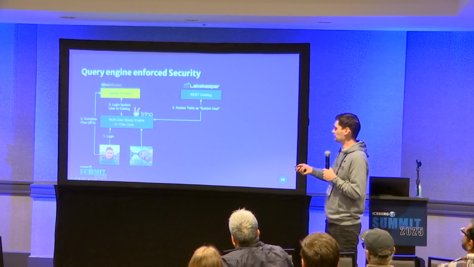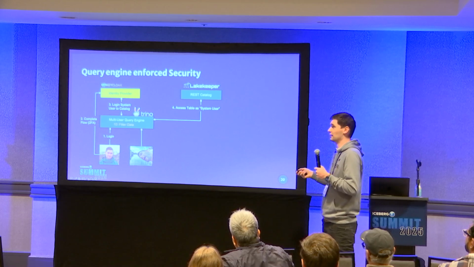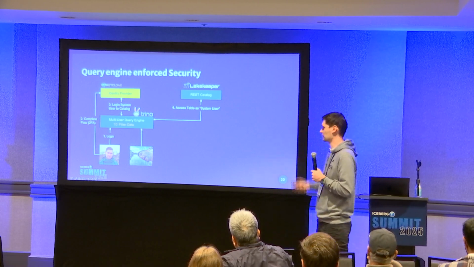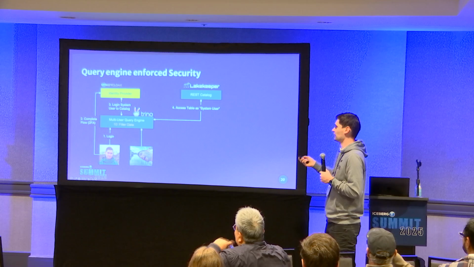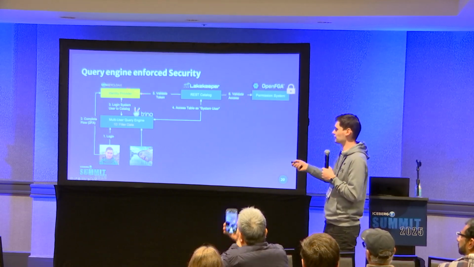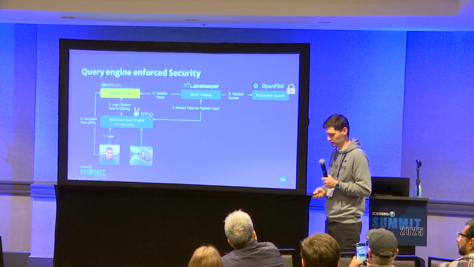So the user logs into Trino, and Trino in this case can have a system user, something that Trino uses for all its queries to the REST catalog. The REST catalog receives the token, validates the token with the IDP, and also validates the token with a permission system.